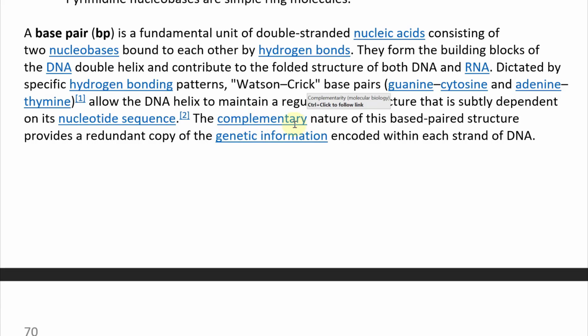So the complementary nature of this base pair structure provides a redundant copy of the genetic information encoded within each strand of DNA.